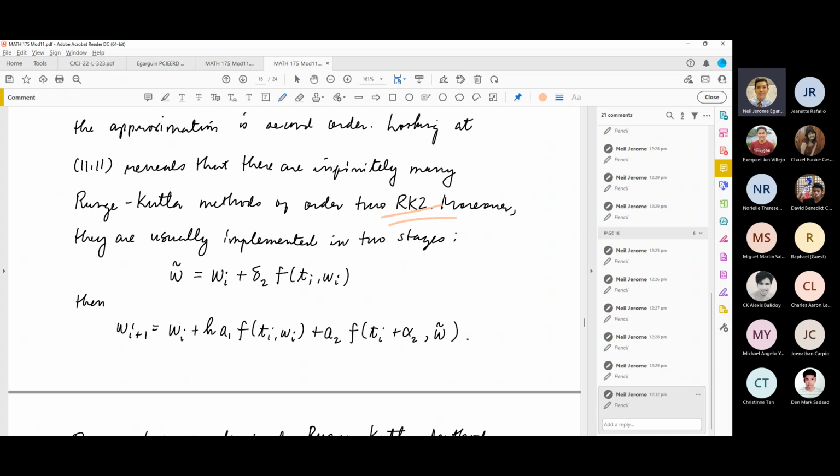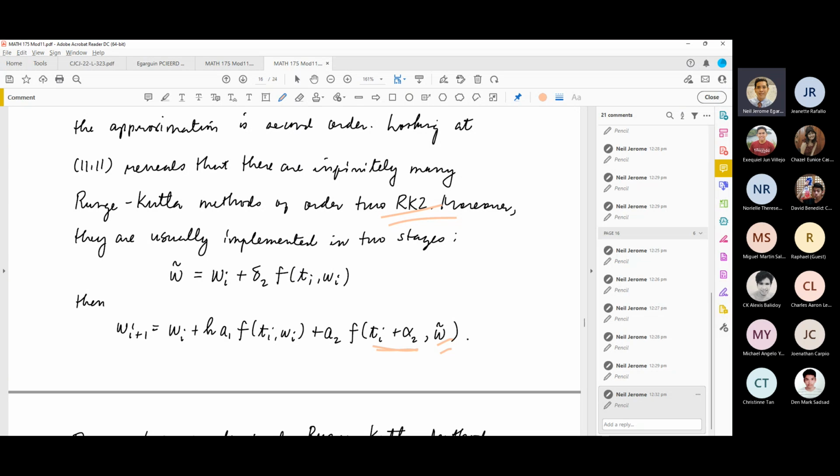Usually ginagawa natin ng 2 stages para medyo organized yung pagkaka-compute kasi ang daming parentheses kasi ina-update natin. Remember, we have a sort of a corrector term here or an updating term, t sub i plus whatever the additional step size alpha 2 is, tas ito ay y plus delta 2 f of t, y.